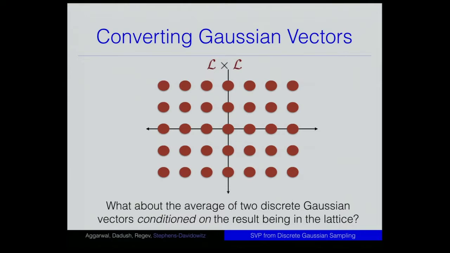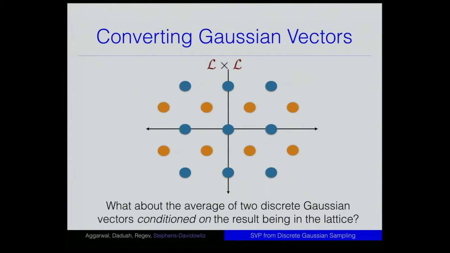So we're interested in vectors whose coordinates have the same parity. Here are the vectors whose coordinates are all odd. Here are the vectors whose coordinates are all even. And we're going to throw out the rest. This is what we get after we condition. And you can note that this is also a lattice. I'll call it L dagger. It's just the set of points y1 and y2 that have the same parity.